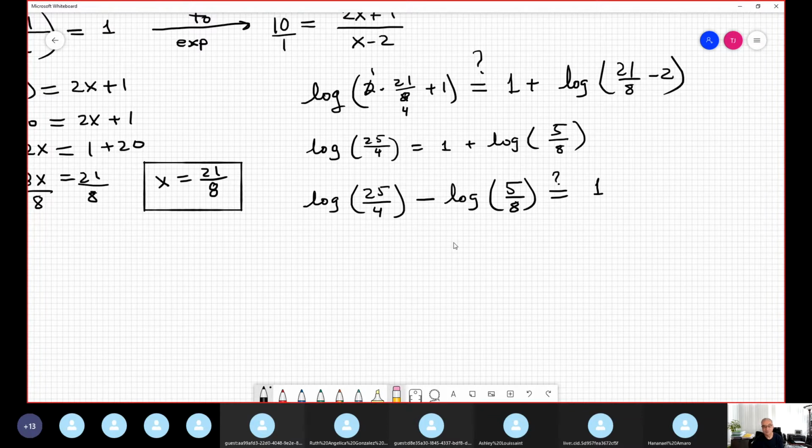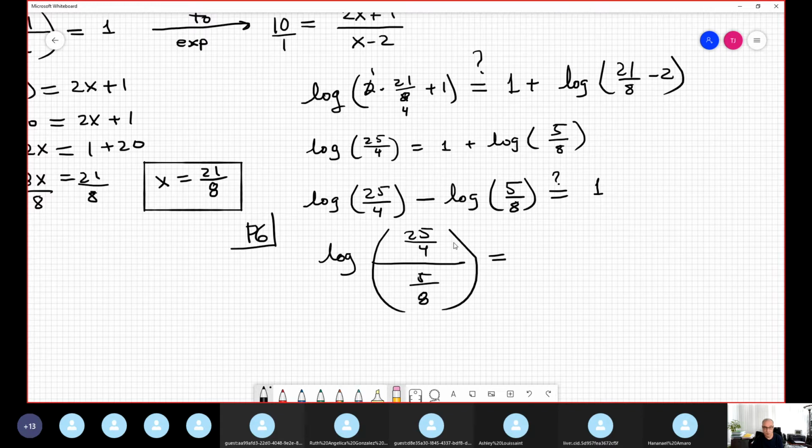Let me prove this. Now again, we apply property 6 to condense this into only one logarithm. When we have 25 over 4 in the top and 5 over 8 in the bottom, should be 1. Now division of fractions, 25 over 5, and flip it, equal 8 over 5.